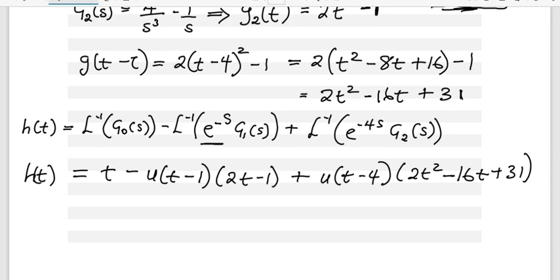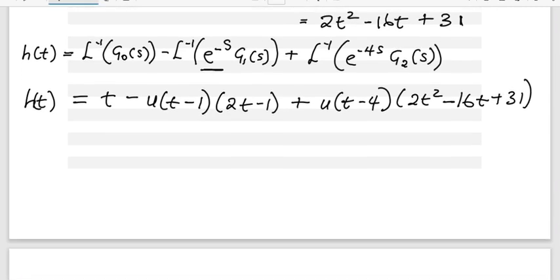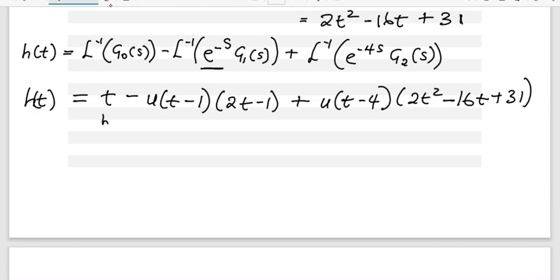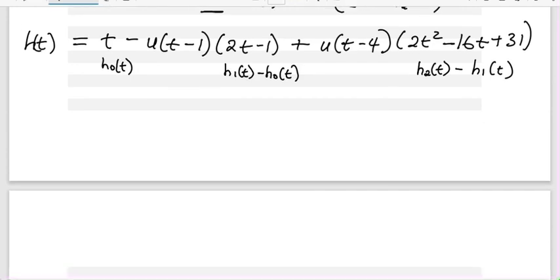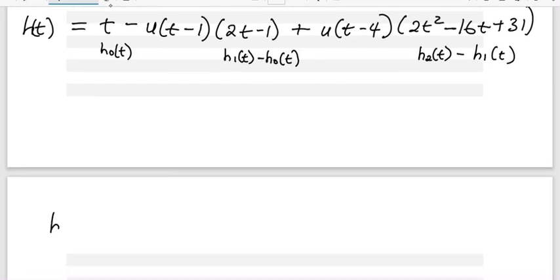But then, if you want to put it in the piecewise form, recall that here you have your h naught of t. What we have here is h1 of t minus h naught of t. What we have here is h2 of t minus h1 of t. Okay, and having that in mind, I'm just going to put this down here, h of t. For piecewise, this will have something like this. This will be our h naught, this will be our h1, and this will be our h2 of t. Okay, so our h naught is already established, it's just t.